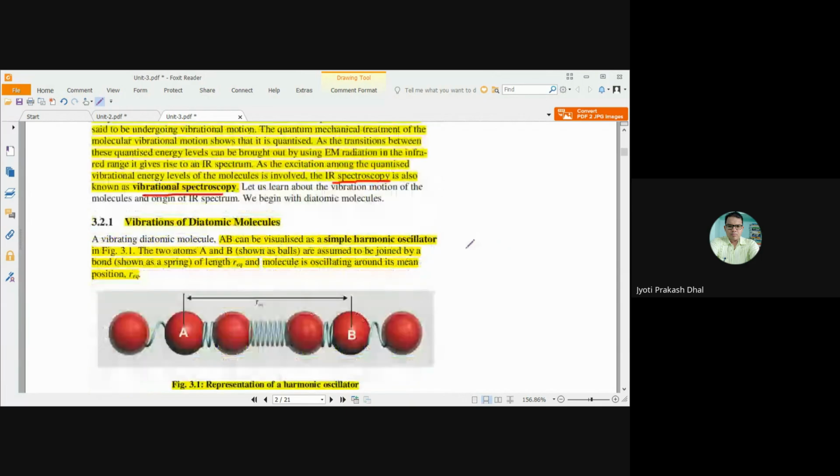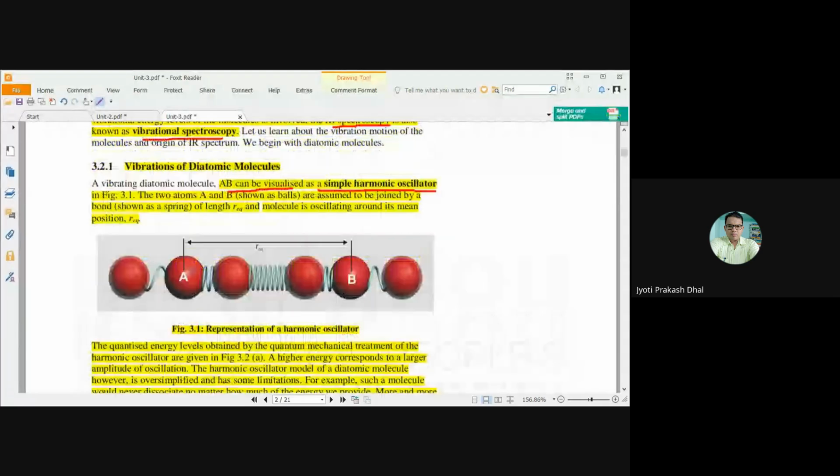So first we will discuss the vibration of a diatomic molecule. Initially we will consider a simple diatomic molecule. Diatomic molecule means two atoms. There will be a bond between two atoms to form a molecule, and let the diatomic molecule be AB. The bond in the diatomic molecule AB can be visualized as a simple harmonic oscillator, as shown in this figure.